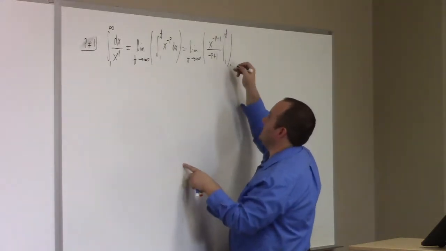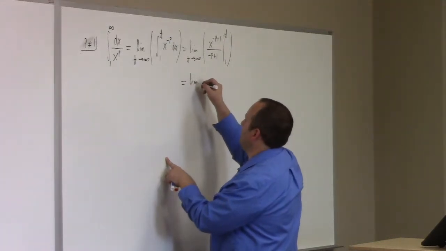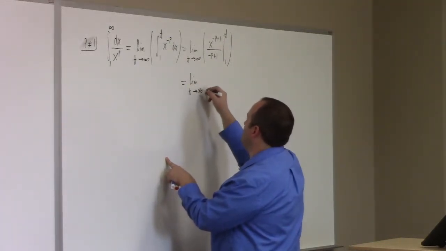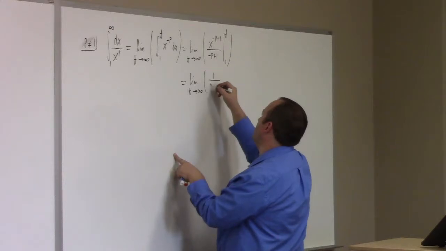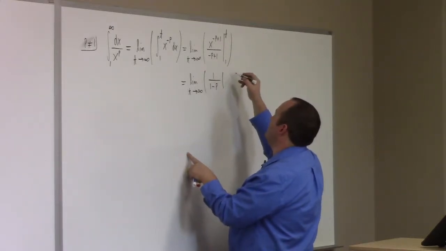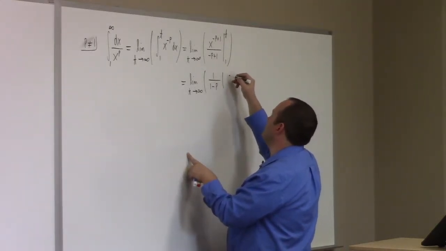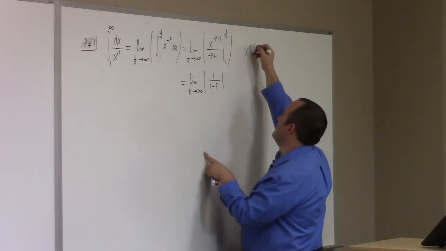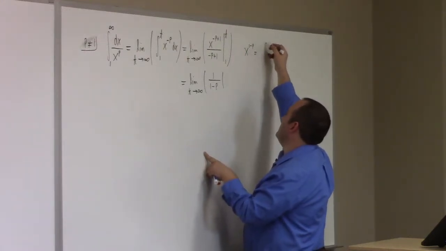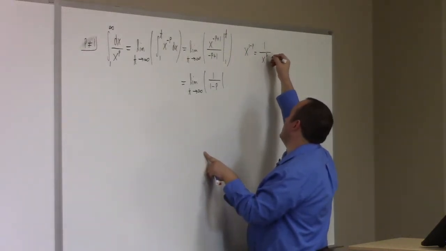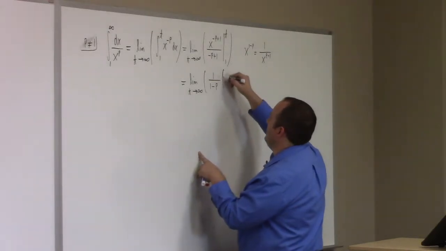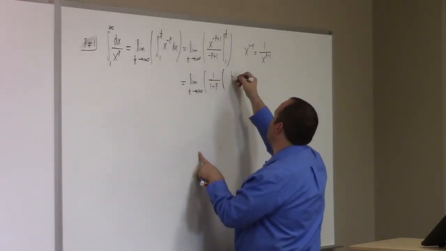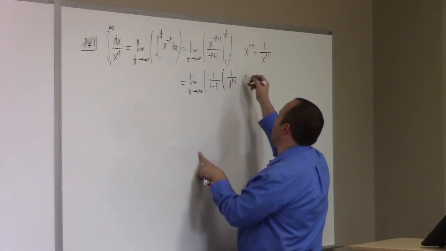I'm going to clean that up just a bit. So we've got the limit as t goes to infinity of 1 over 1 minus p times, so x to the 1 minus p is equal to 1 over x to the p minus 1. With that in mind, this evaluates to 1 over t to the p minus 1, minus 1.